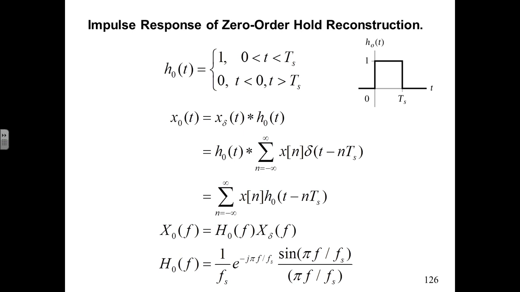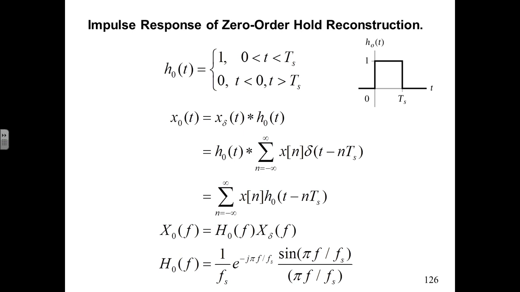In terms of what that looks like in the frequency spectrum, well, we would take the spectrum of our signal, our X of f, and multiply it by the Fourier transform of this zero order hold's impulse response. And again, since we have a rectangle function for our impulse response, its frequency response, its Fourier transform, is going to be a sinc function, as shown here. So the frequency response of this sample and hold function is a scaled sinc function.